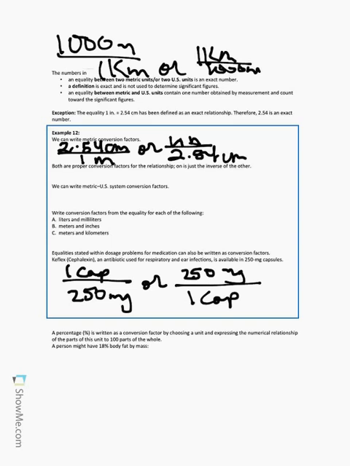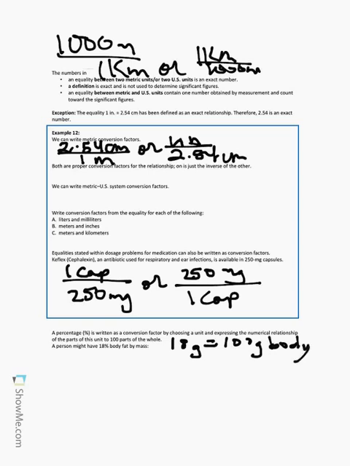A percentage can also be written as a conversion factor by choosing a unit and expressing the relationship as parts of this unit to 100 parts of the whole. For example, a person might have 18% body fat by mass. Therefore, they have 18 grams of fat for every 100 grams of body mass.